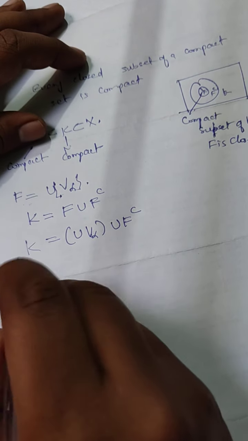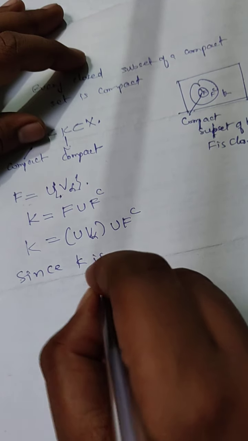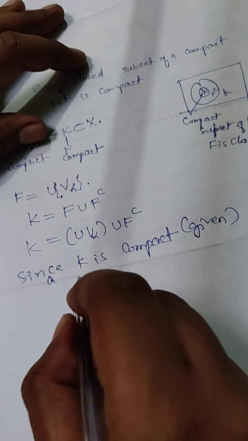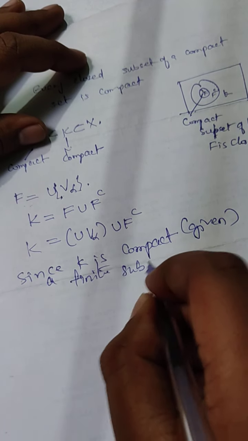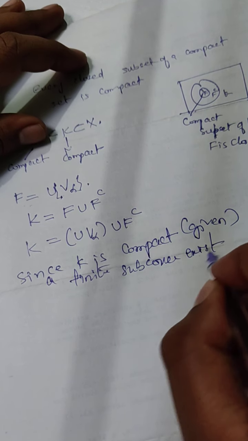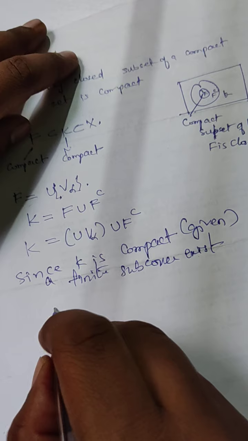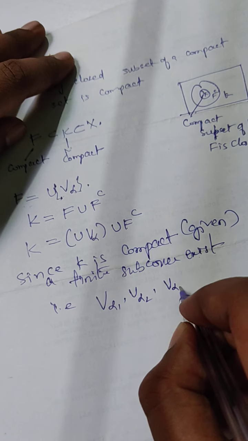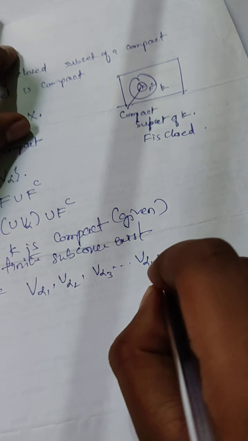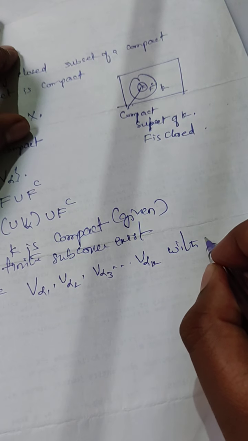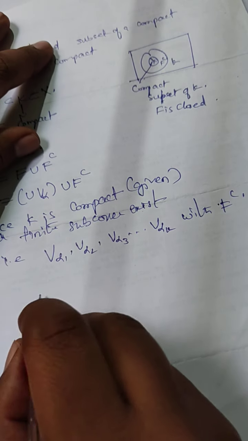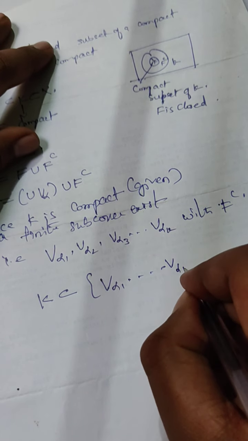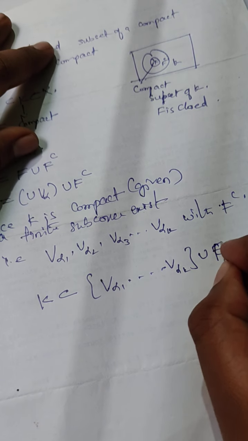So since K is compact, given, a finite subcover exists. All right, that is V alpha 1, V alpha 2, V alpha 3, so on, V alpha k with F complement. Hence K is a subset of V alpha 1, so on, V alpha k union F complement.